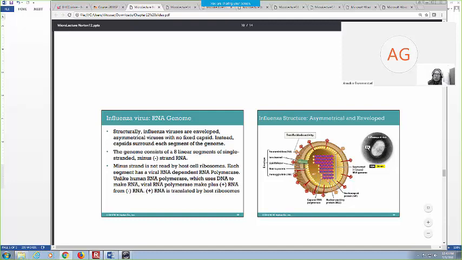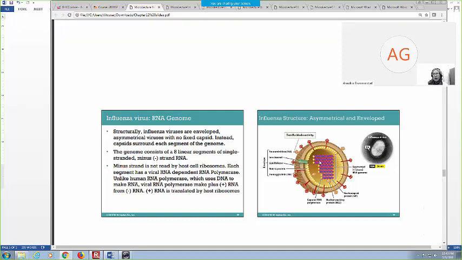Just to refresh your memory, the way that the flu virus itself is organized as far as its genome has a lot to do with why we have pandemic forms.